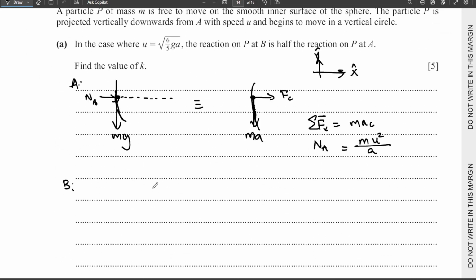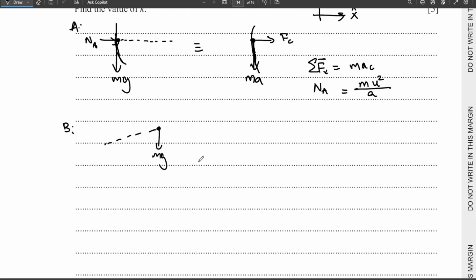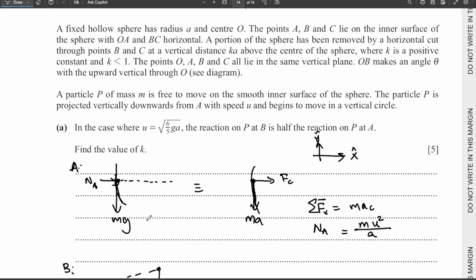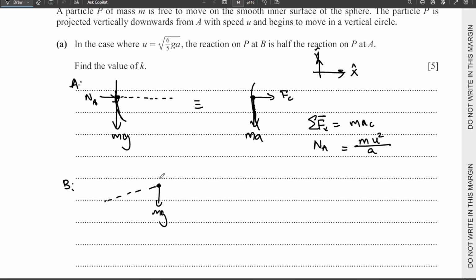it's a bit trickier. Here is the particle, and this is the center of the circle. First, we have the weight, or mg, at this point. And remember, the normal force acts perpendicular to the surface, as if there is a wall, something like that. So it will be going in the same direction as the centripetal force.